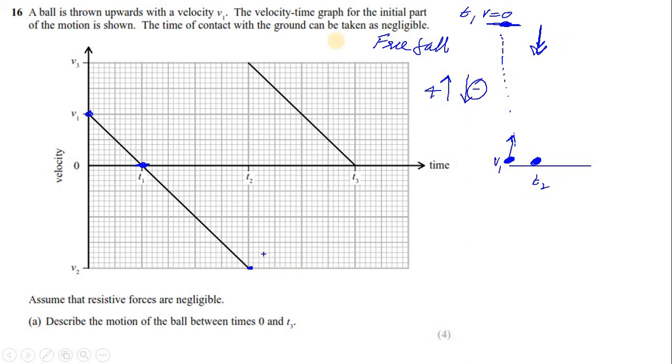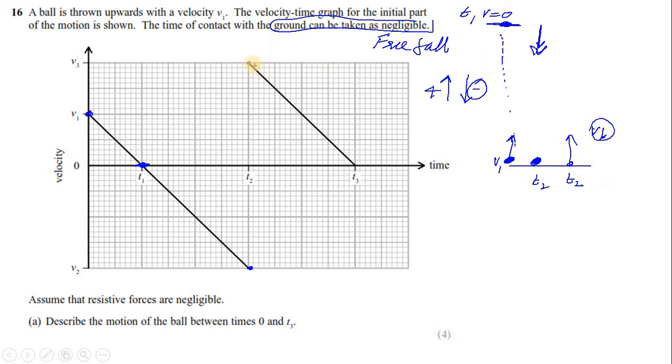We are ignoring the negligible time of contact with the ground, and we assume that the ball instantly bounces off and starts moving up. So from t2, the ball is again moving up, but velocity will be decreasing. This is still at t2 because it is bouncing from the ground. So at t2 it is bouncing upward, and then it is moving upward.